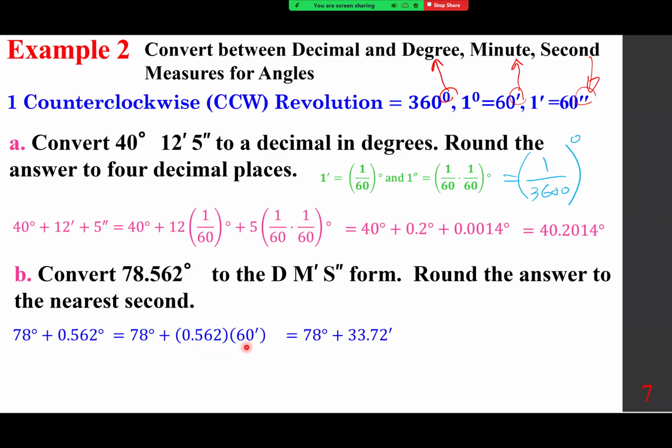When I do the math, it gives me 33.72 minutes. This whole part is fine, so I use this one here. Now I'm going to use the decimal part to go from minutes to seconds.